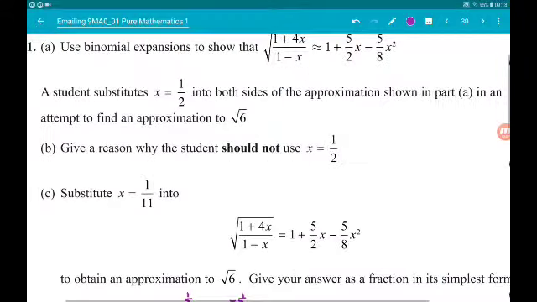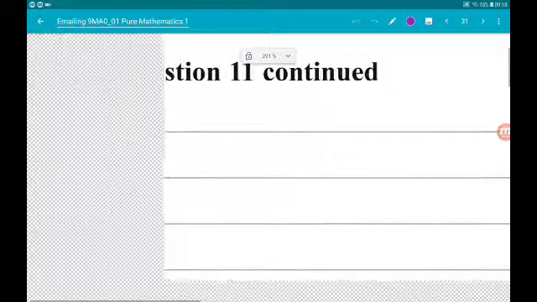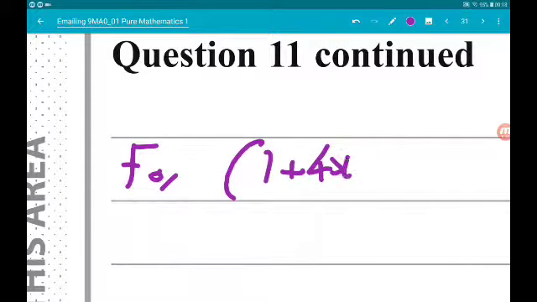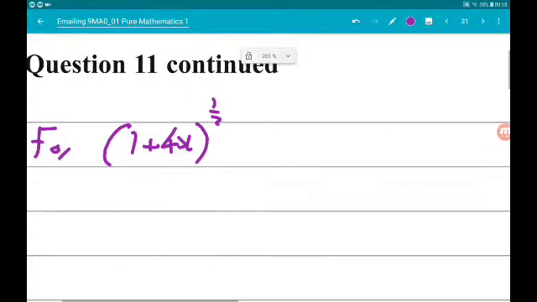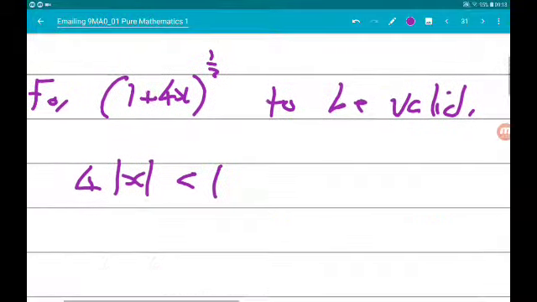So for 1 add 4x to the power 1/2 to be valid, four times the modulus of x has to be less than 1 because we have 4x, not just x.